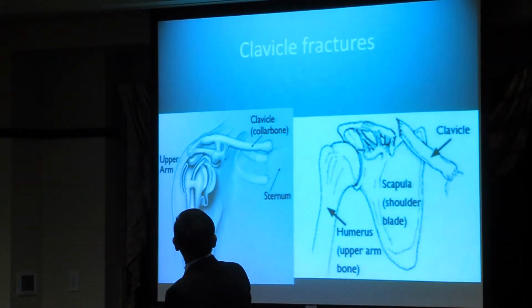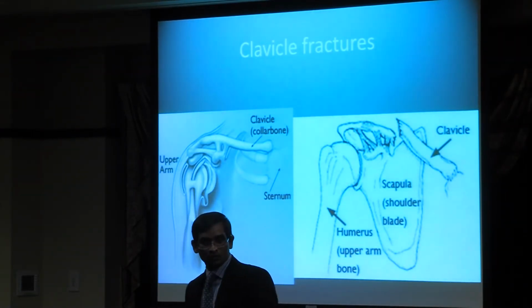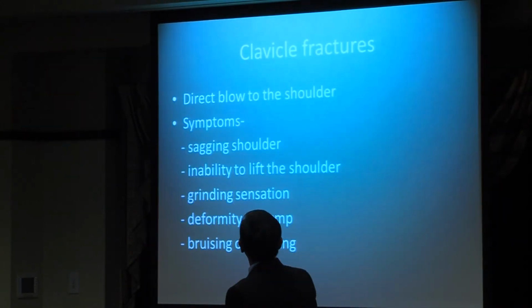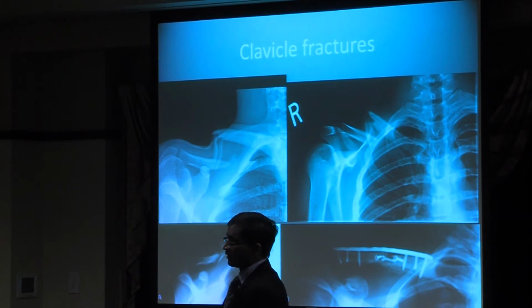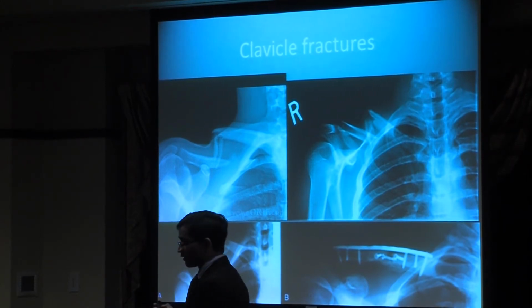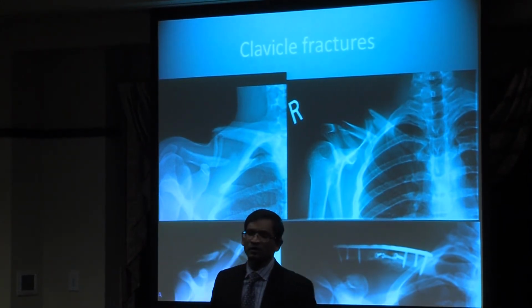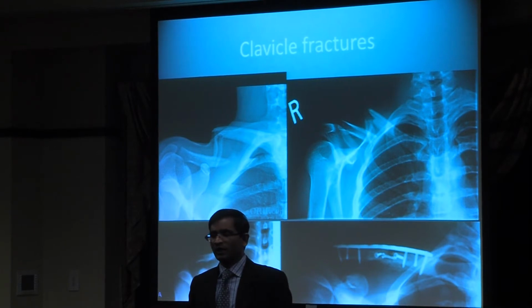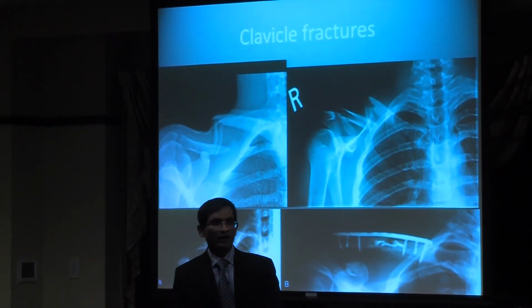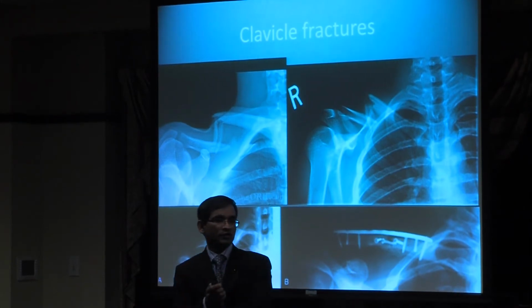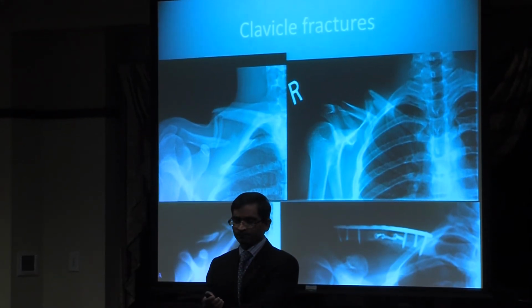And I will skip over the clavicle because Dr. Rubino has already gone through that. One thing I need to tell about clavicle fractures is that in the last 10-15 years, there is a move towards identifying these fractures which need surgical treatment.